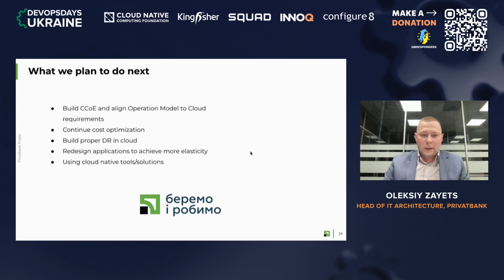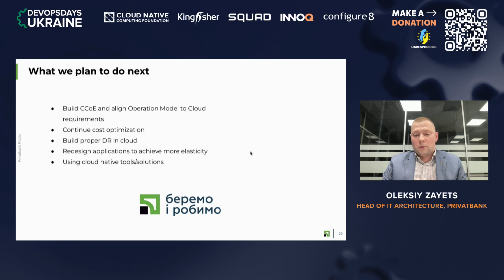What we plan to do next: first of all, we want to start building a cloud center of excellence inside the organization and align our operating model to modern cloud requirements. Maybe we should have started from it, but we didn't have any time. Continue cost optimization; we still have some ideas and opportunities to save money.